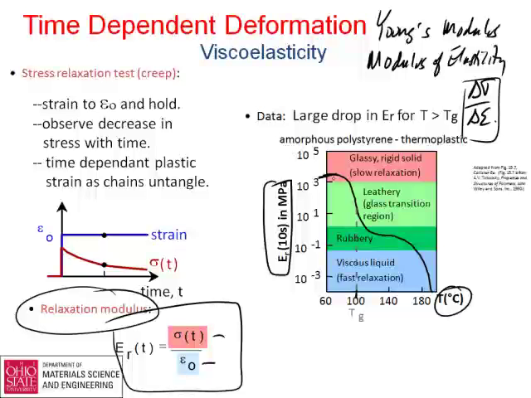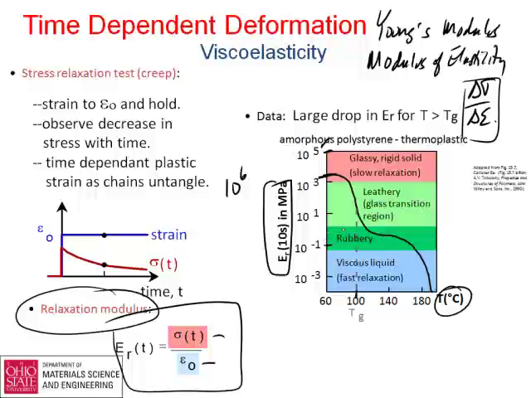And you notice this is a log scale, so between here and here, this is a factor of what? Factor of 10 to the 6, or a factor of 1,000,000. So this would be 1,000,000 times stiffer here than down here, 1,000,000 times higher stress at the same strain. So big changes are indicated on this diagram.